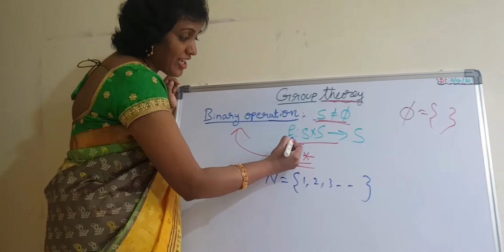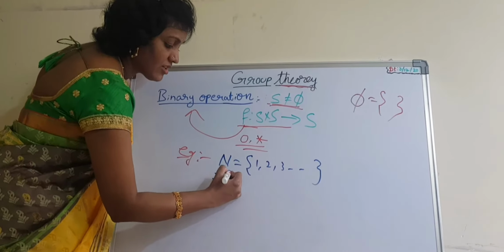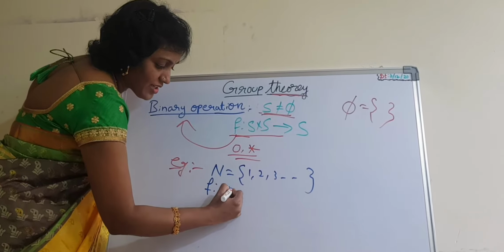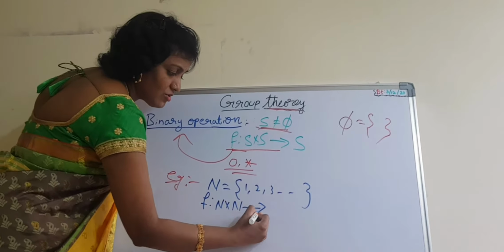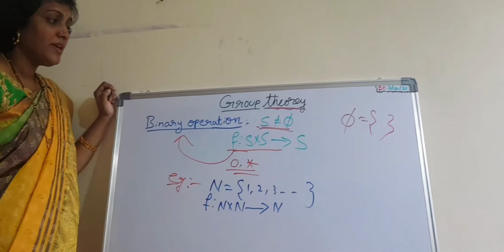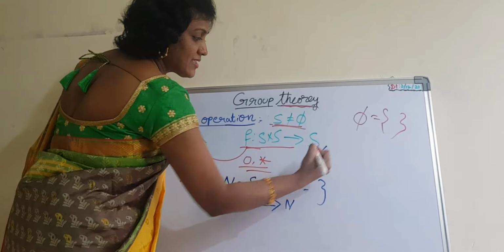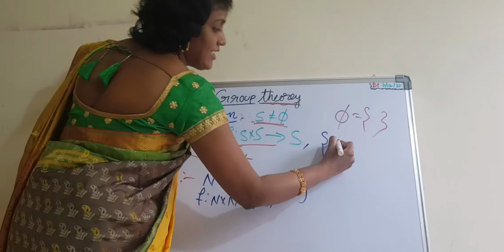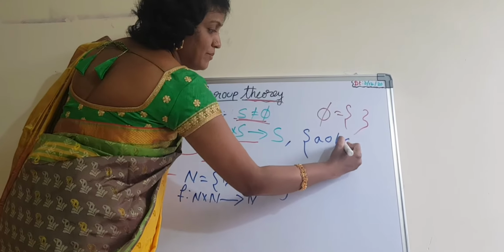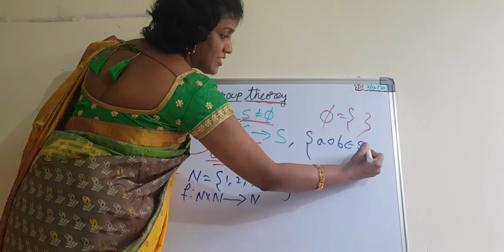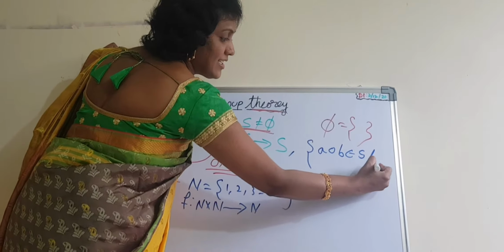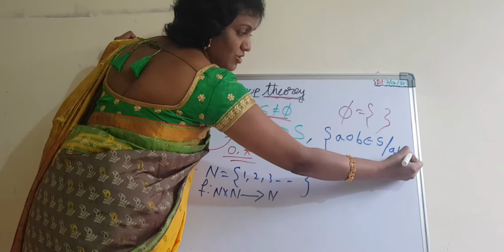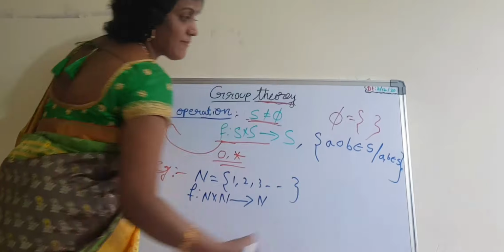Here a function f from natural numbers cross natural numbers to natural numbers. The binary operation set: a circle b belongs to S, such that a circle b belongs to S.